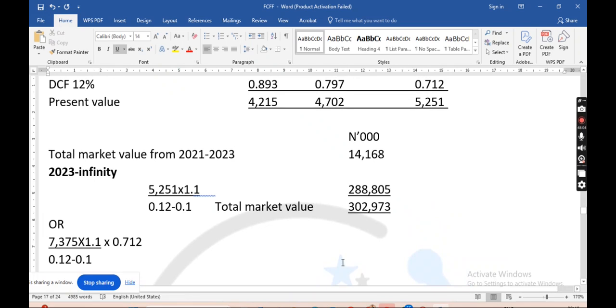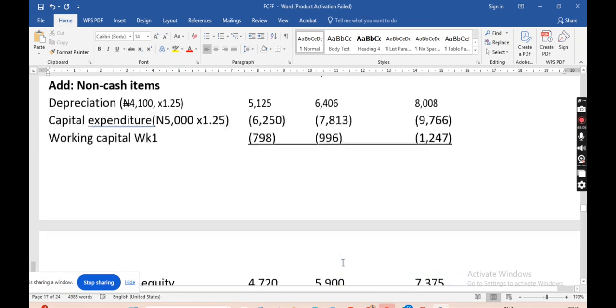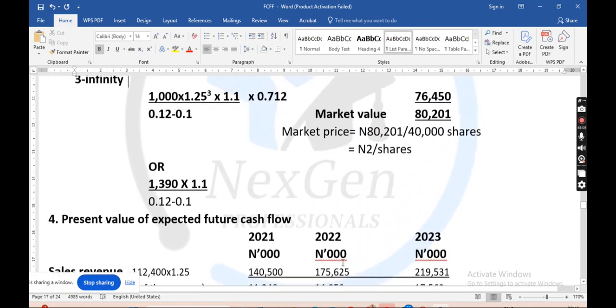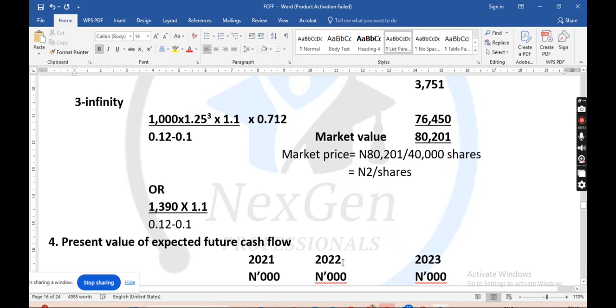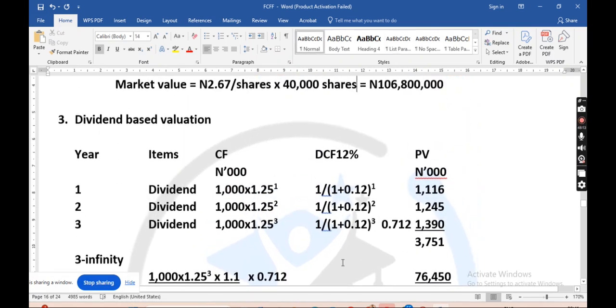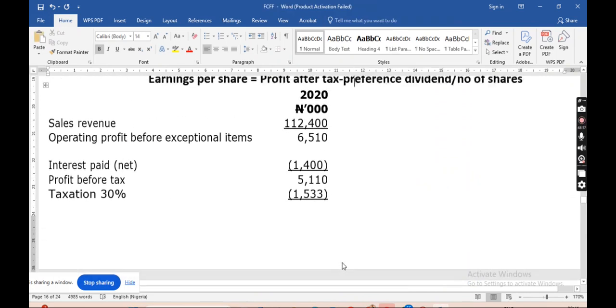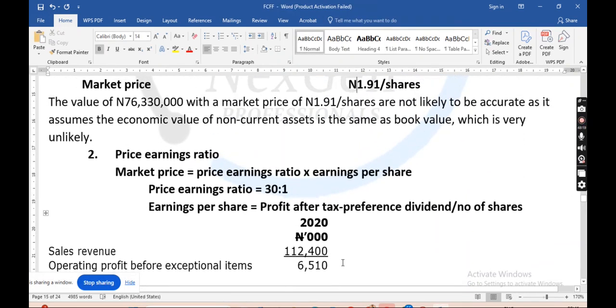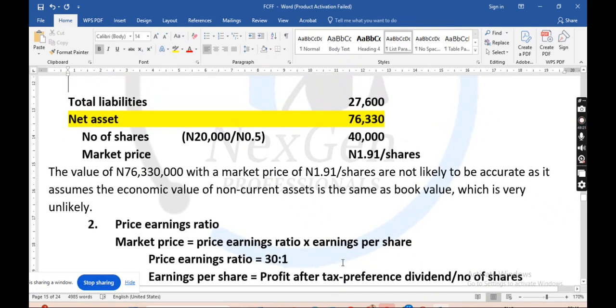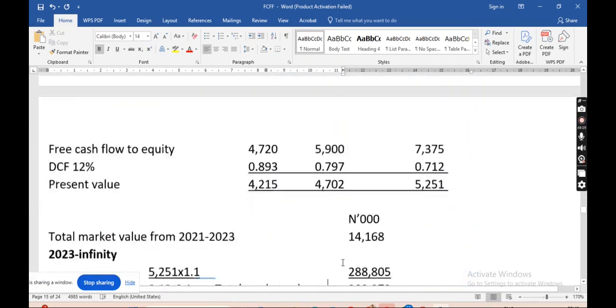Now, when you look at all this, present value gave us 302. This gave us 880. Is that not so? Which one is the lowest? That is the minimum. This gave us 106. So the minimum should be asset-based. The minimum is 76,310,000. So therefore, you can state it.